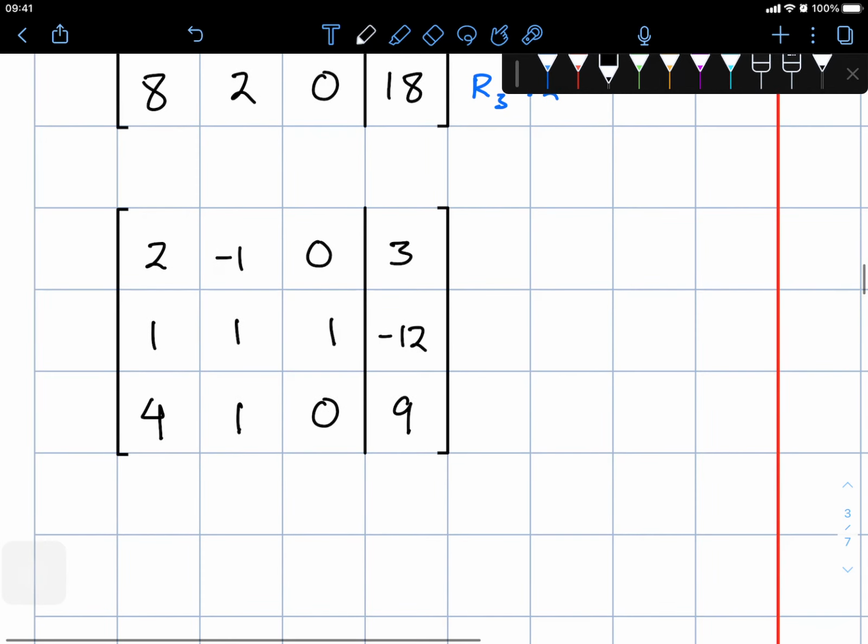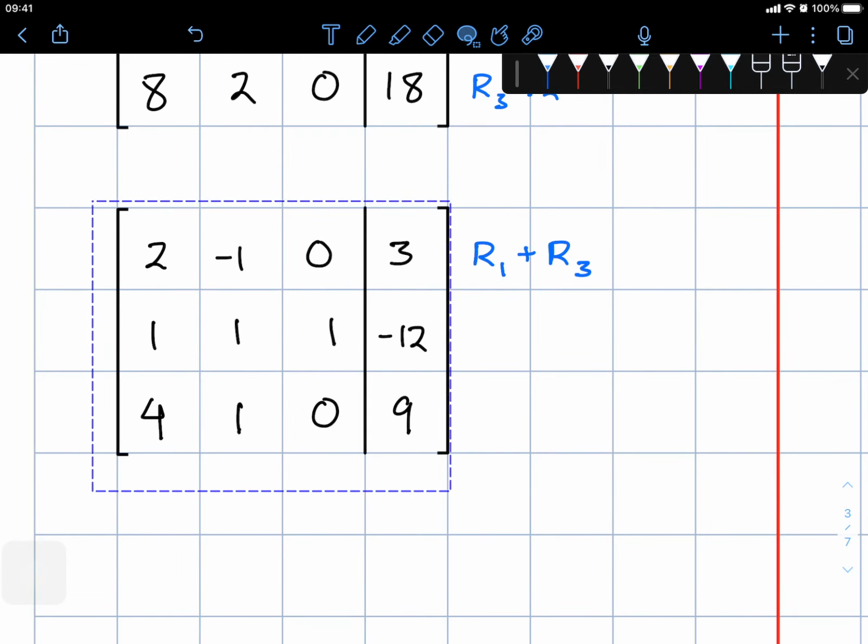From here, I can eliminate this to become 0. I can do that as -1 plus 1. Okay, so that's going to be row 1 plus row 3. Let's do that one just for now.